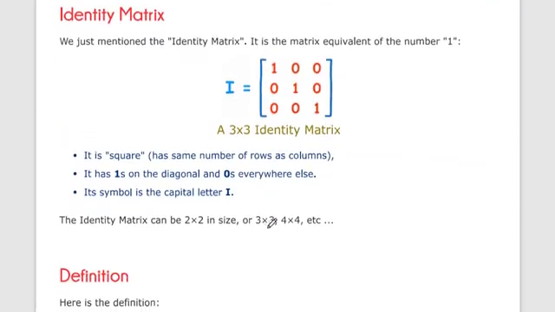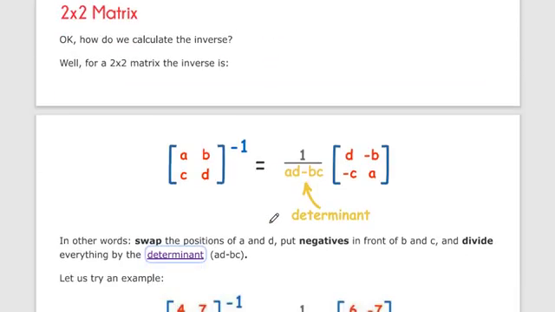Inverse. A 2 by 2 inverse is easy. We have 1 upon determinant times its adjoint. And how to find the 2 by 2 adjoint? Swap the diagonal entries and change the sign of the other diagonal elements. Okay, so this is d a, we swap the position of the elements, and for the other diagonal we change the sign. If it is plus, then minus. If it is minus, then it will become plus.